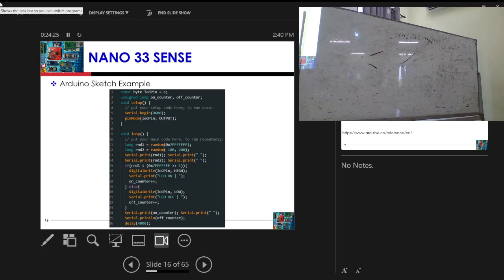Now we come into the setup function. We always have to declare Serial.begin, and I've already explained that. Then we do the pinMode. We have to set the pins. Which pin am I writing to, or which pin am I trying to read from? The pin is the LED pin, and the direction is an output.